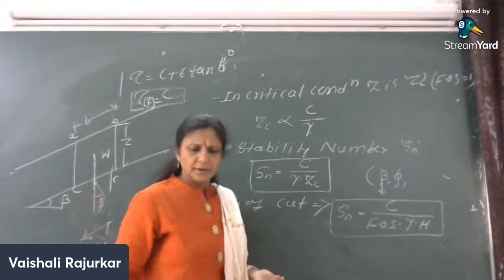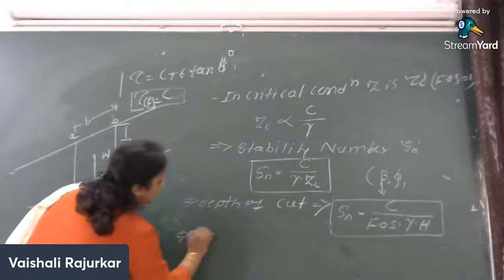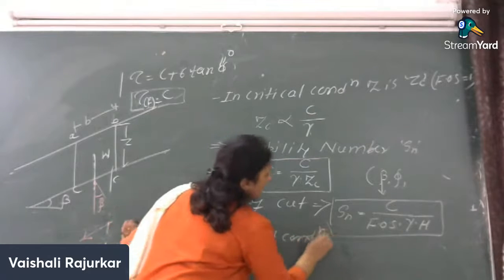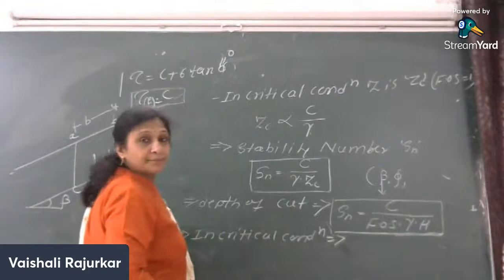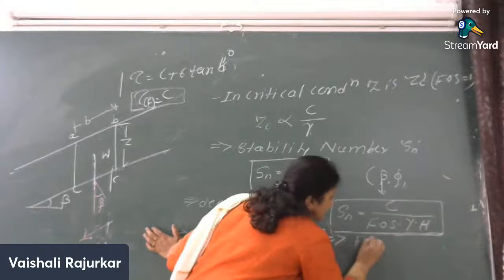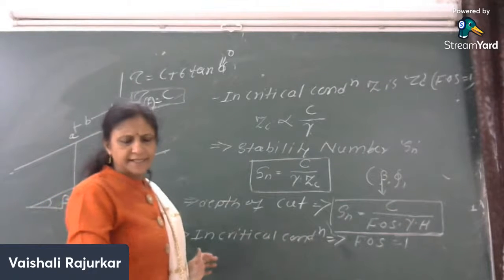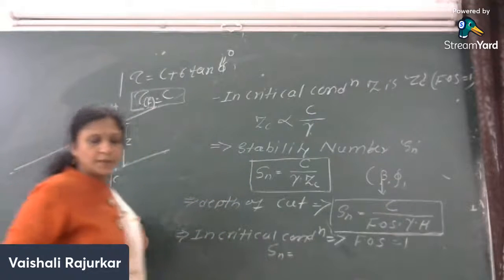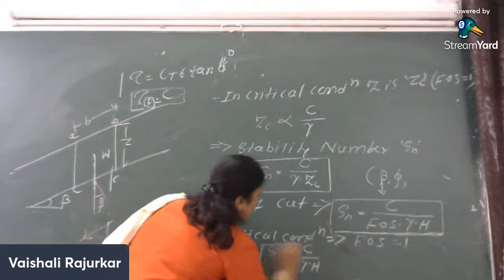And if the condition is a critical condition, factor of safety is 1, and in that case, Sn is equal to C upon gamma into H. So what is H now?